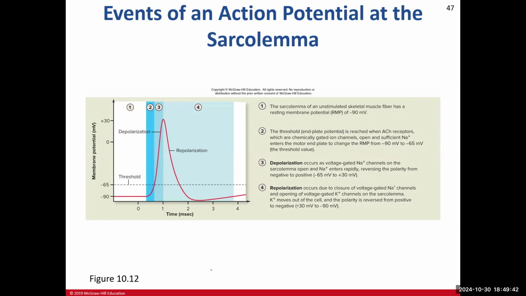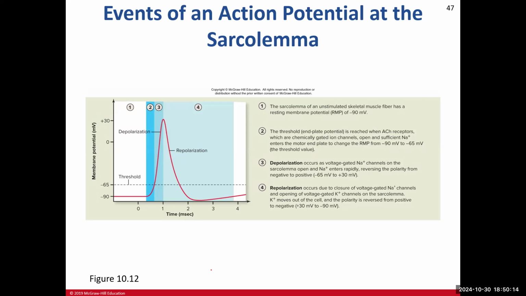If we depolarize it enough to reach that -65 threshold value, and there's a voltage-gated sodium channel in that area, boom, we trigger the opening and it takes off like a rocket ship. We get up to that +30 value. That is the stimulus that causes those voltage-gated sodium channels to close, and then the voltage-gated potassium channels open up, and so we get repolarization occurring there.